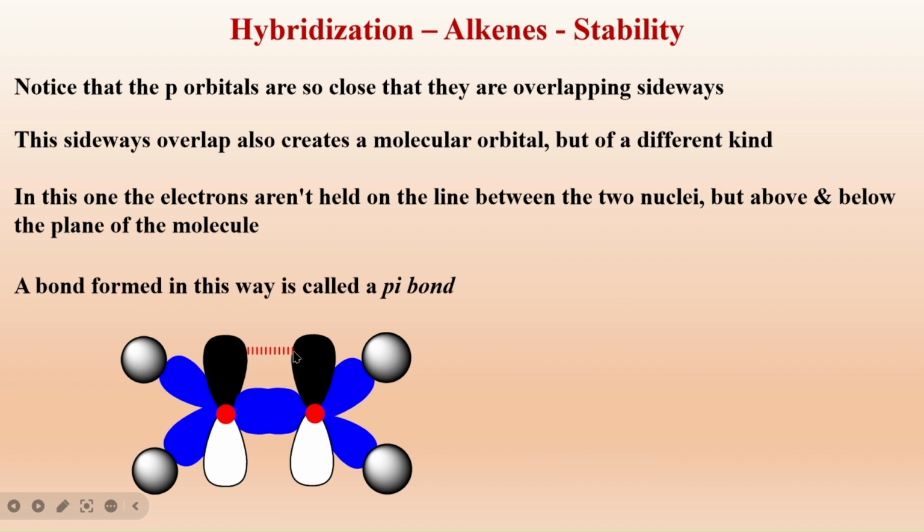Because of this, when they share, they undergo sideways overlapping. This sideways overlapping gives rise to a covalent bond which is weaker than the sigma bond, which is formed by end-to-end overlapping. And this bond which is formed by sideways overlapping is named the pi bond.